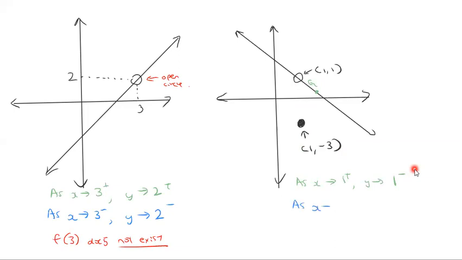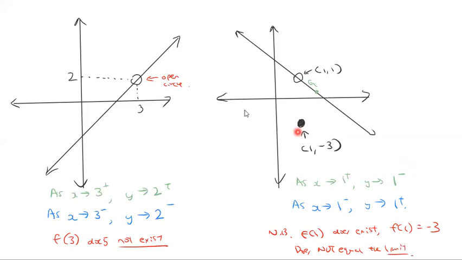As x approaches 1 on the negative side, y approaches 1 positive. Correct. And note, in my example here, f of 1 does exist. f of 1 equals -3, and it does not equal the limit.